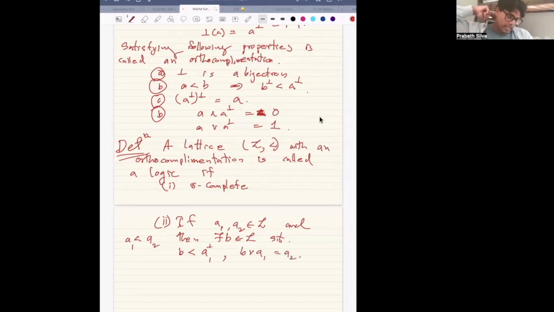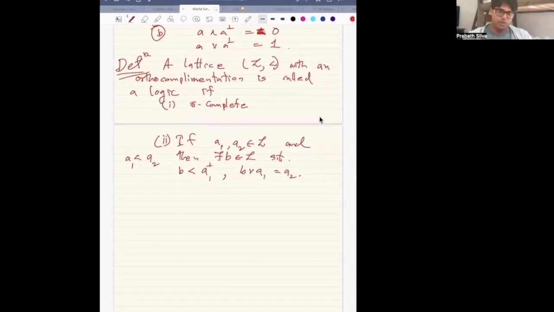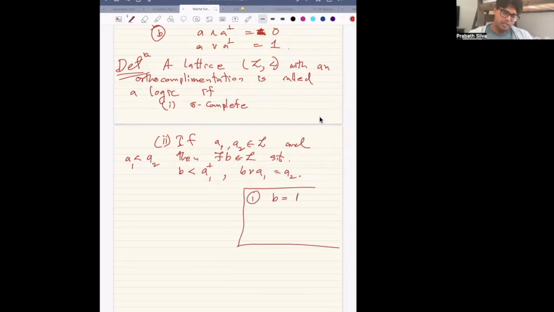So this is basically telling you that you can take complements inside the element A2. So this B is actually A2 minus A1 in the case of sets.